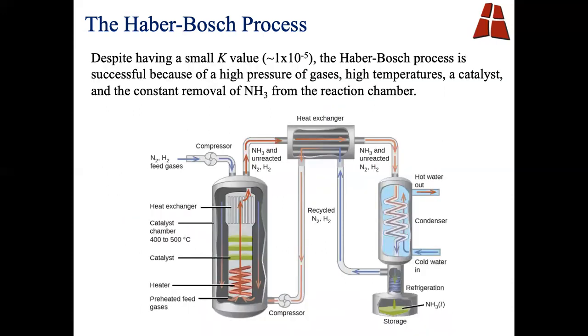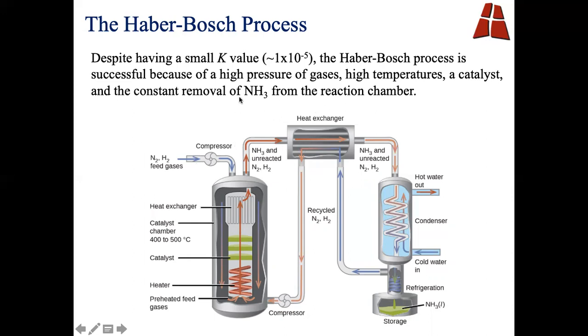And so why am I bringing this up in our equilibrium unit? It's because the reaction involved in the Haber-Bosch process, where we start with N2 and H2 gas and ultimately produce ammonia, has a small K value. Its K value is about 1 × 10⁻⁵, meaning that our reactants are highly favored.